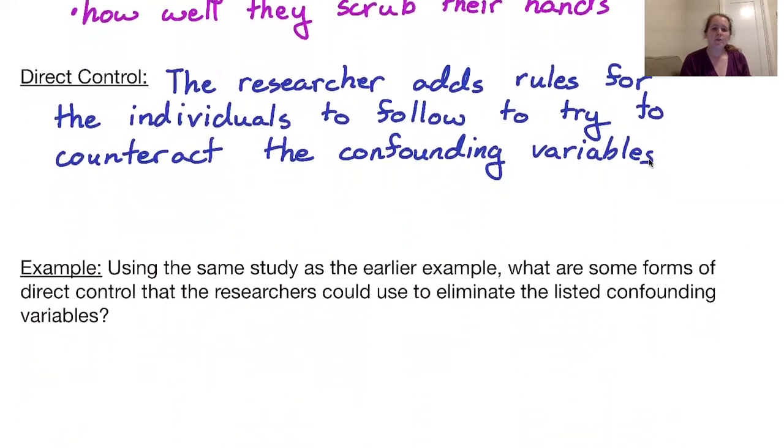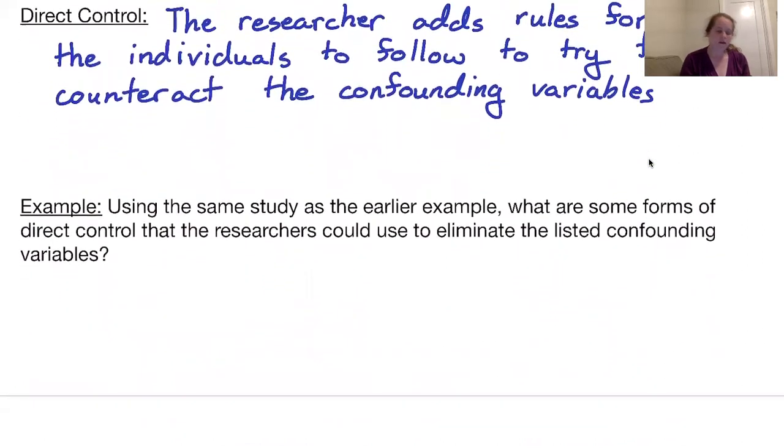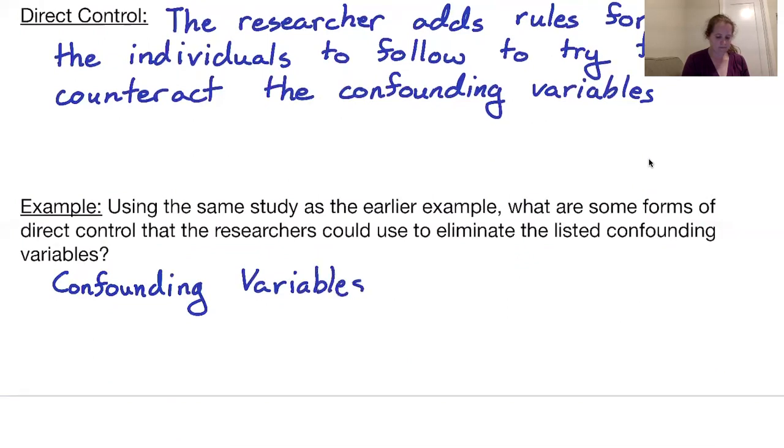So, for example, let's use the same example that we were using earlier. I'm going to list each of the confounding variables and then we'll put a rule that might counteract it. So let's put our confounding variables on the left, and then on the right, we'll put the rule.